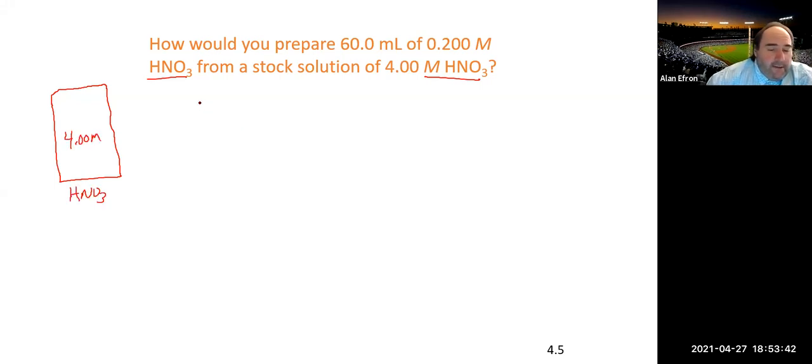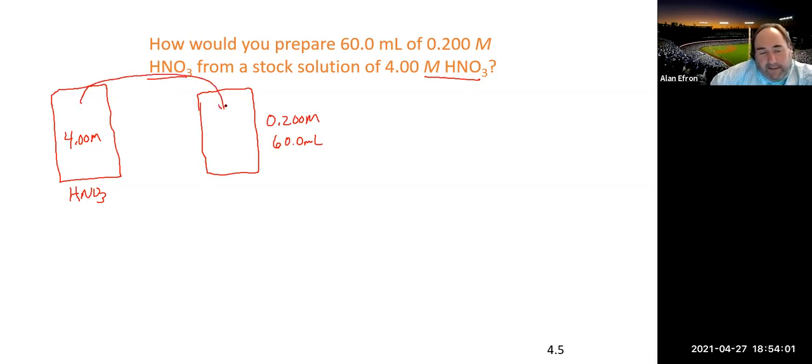And what we want to do is make a new bottle or beaker of nitric acid that has a concentration of 0.2 molar and a total volume of 60 milliliters. So basically what we want to figure out is how much should we take out of here and dump into here. And again, this is a dilution problem.